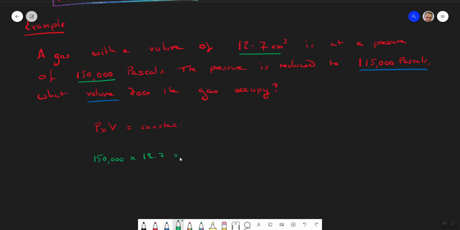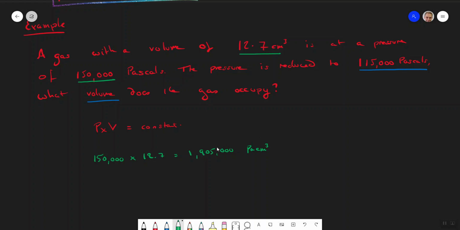So we could say this as 12.7 times 150,000, and we get 1,905,000. The unit would be pascal centimeters cubed, I guess, but it's not that important.